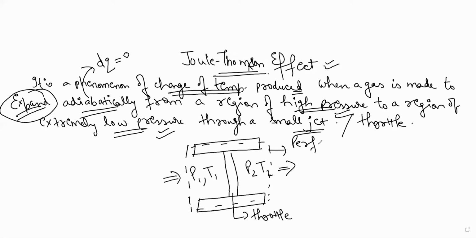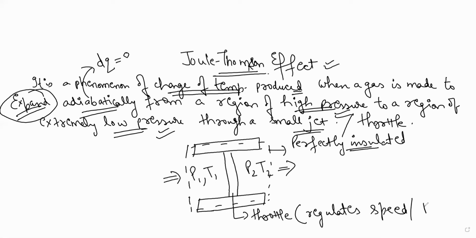No heat exchange is taking place between the system and the surroundings. A throttle is something that is basically used in engines that regulates the speed or the pressure of the system. Here it is reducing the pressure. As you can see in the definition, initially the pressure is high and then it becomes low.